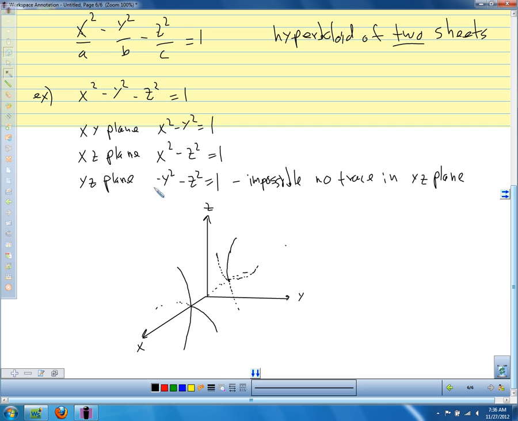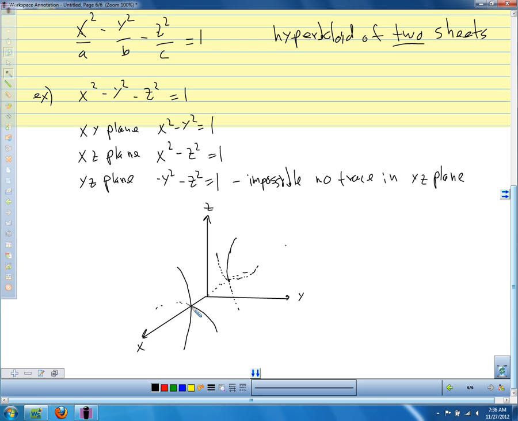And now if I look at this equation, if x is greater than 1, then I end up with circles parallel to the yz plane. Is it like this on the positive and the other way on the negative?